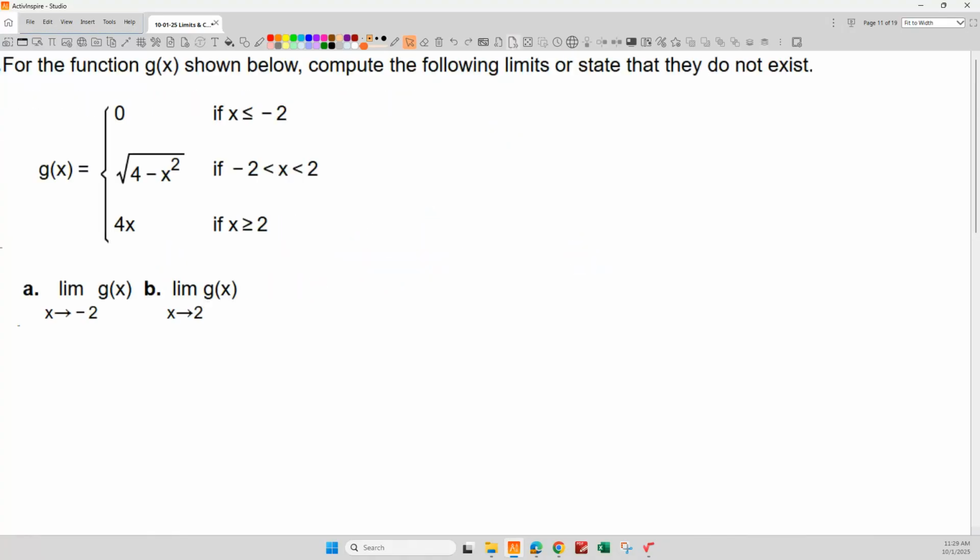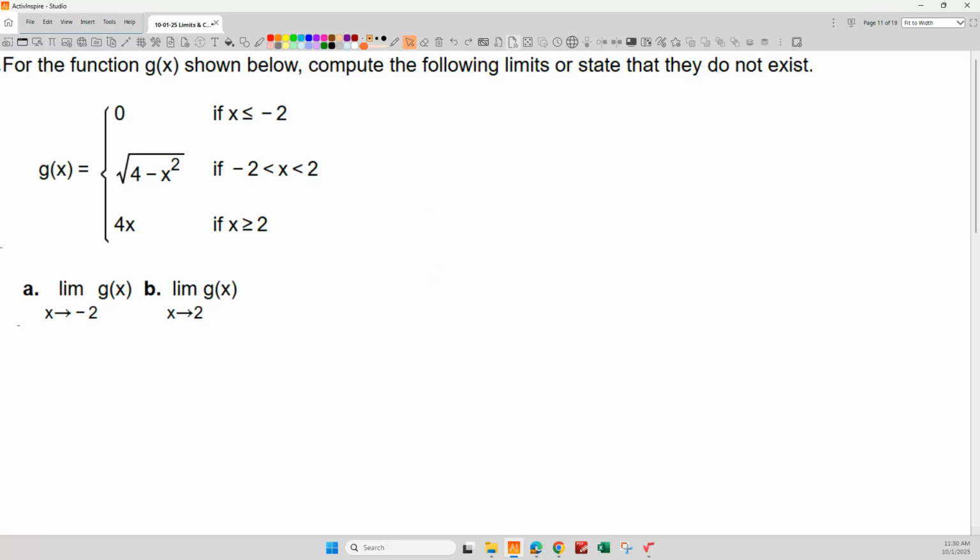Okay, there's the function g of x, a piecewise function. They want us to compute the following limits or state that they don't exist. So what about the limit as x approaches -2? What would I do? Right, because it's a piecewise function. Remember, for the limit to exist, the one-sided limits have to exist and agree.